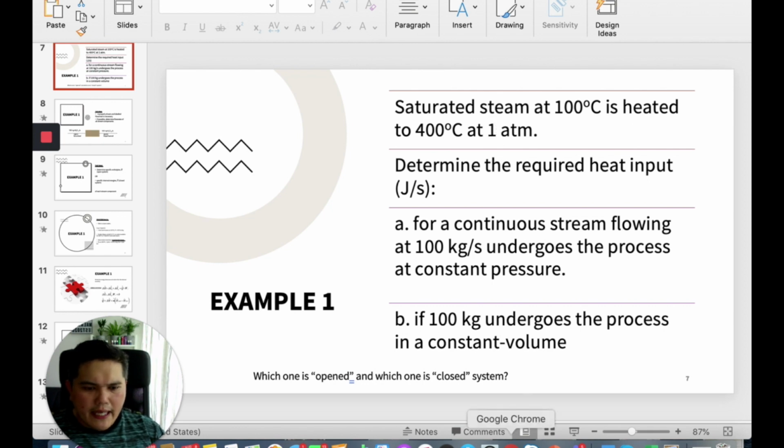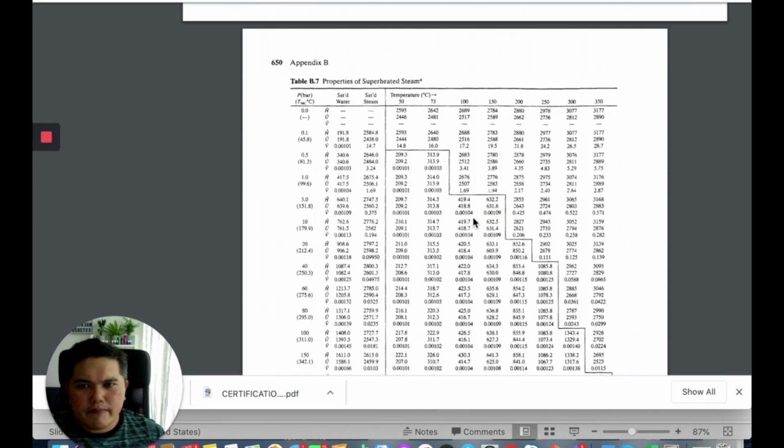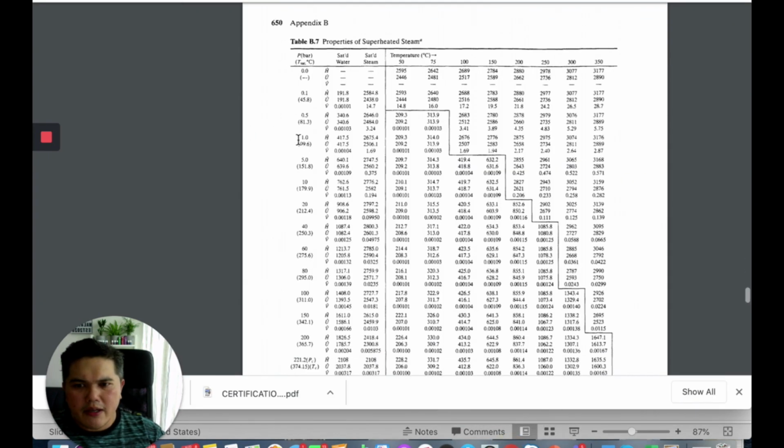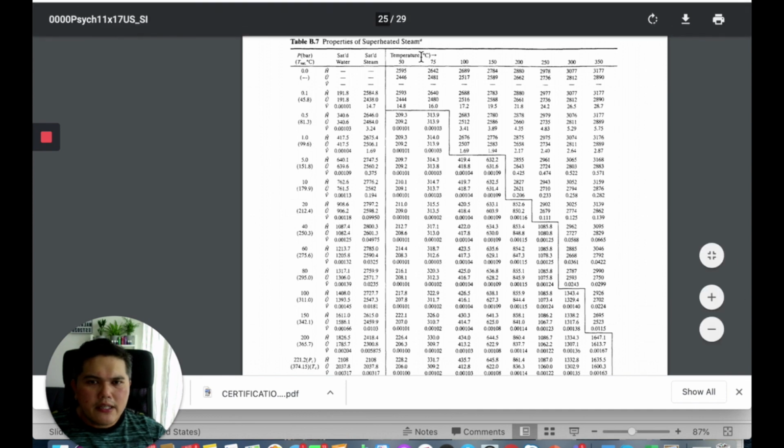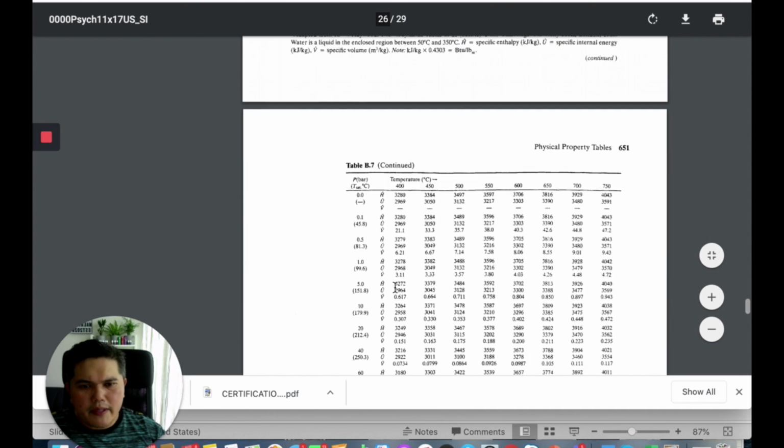So at 1 atm, when we go back to the table, we find a pressure of 1 atm, and then we need to find the specific enthalpy. Again, this is given as specific enthalpy, specific internal energy, and specific volume. If you want the specific enthalpy for 400 degrees Celsius, you have to look at the temperature up here. There is no temperature for 400 degrees Celsius here, so you bring it down.